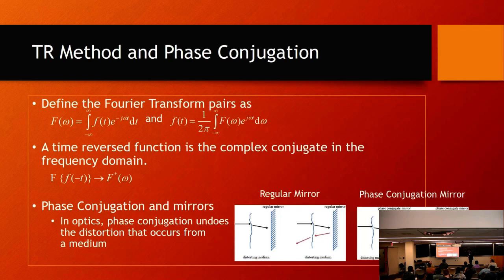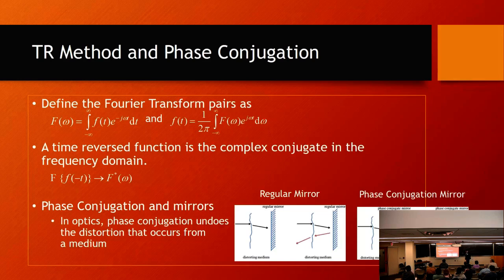Just a quick mathematical refresher here. As you know, the Fourier transform of a function can be defined as that up here, and the way of doing time reversal is simply the complex conjugate of that Fourier transform.